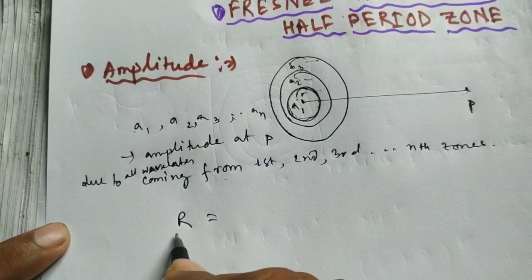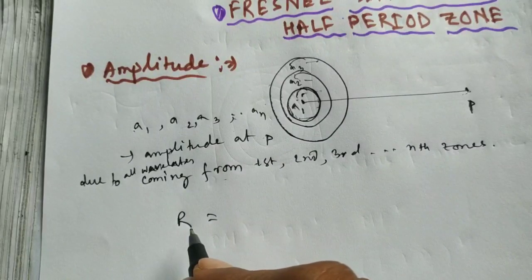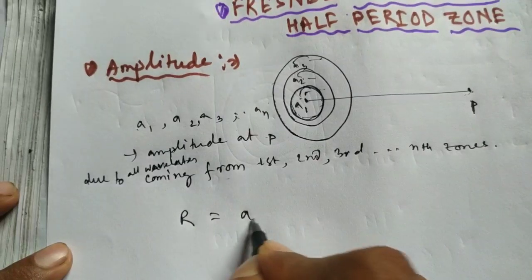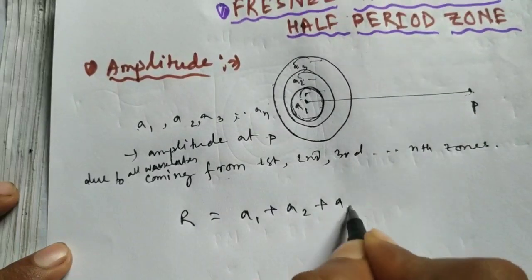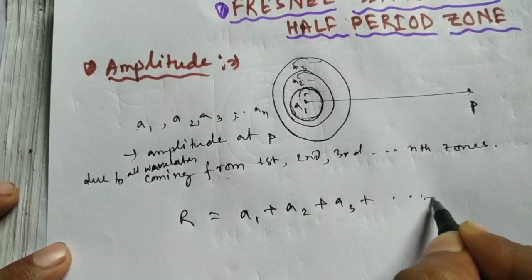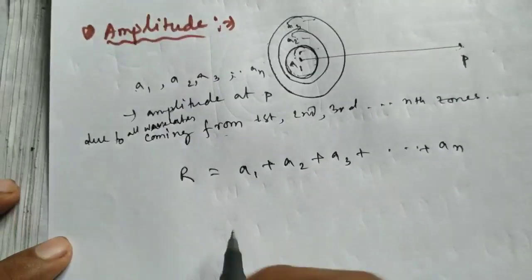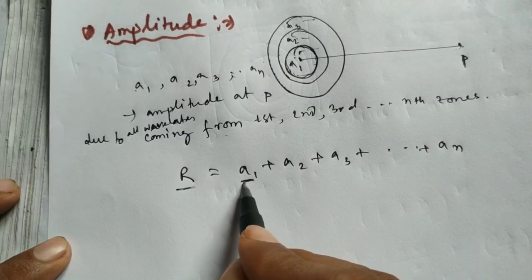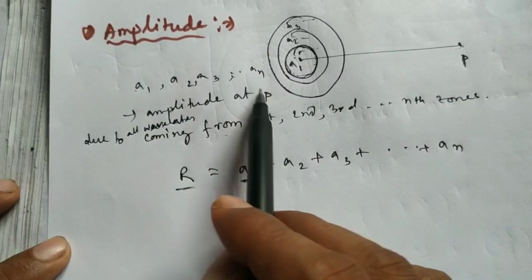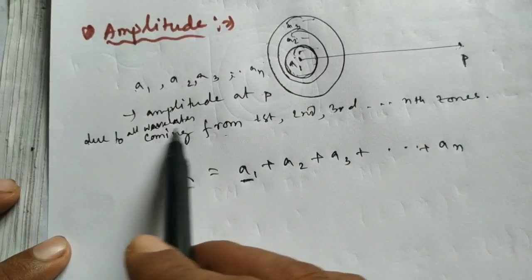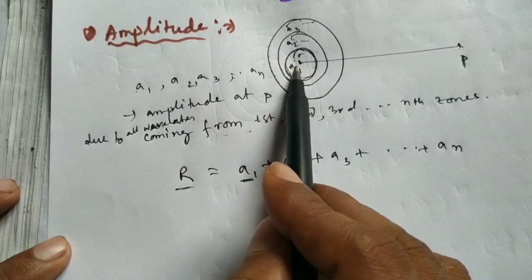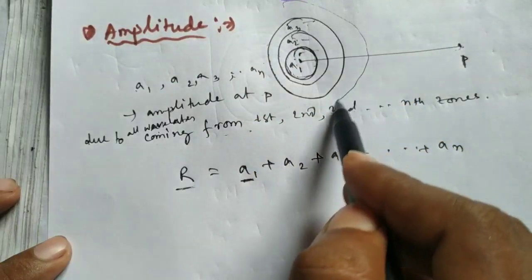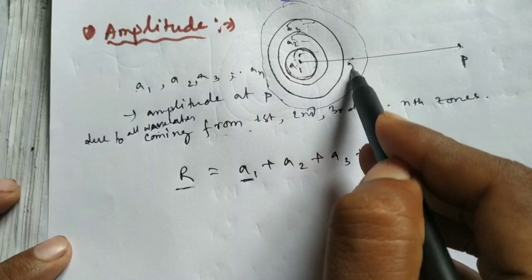So the resultant disturbance equals A1 plus A2 plus A3 plus ... An. The resultant disturbance depends on the amplitude due to all the wavelets coming from the first zone, second zone, third zone and nth zone.